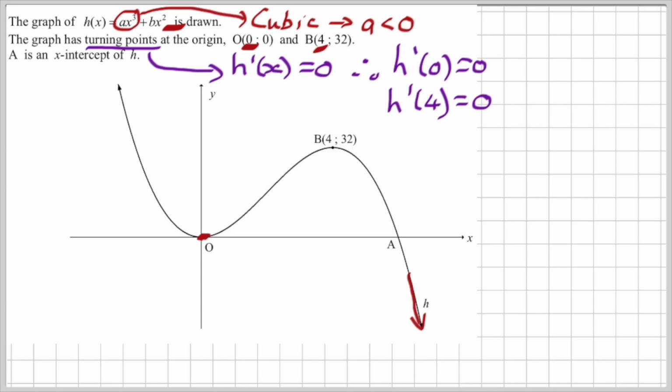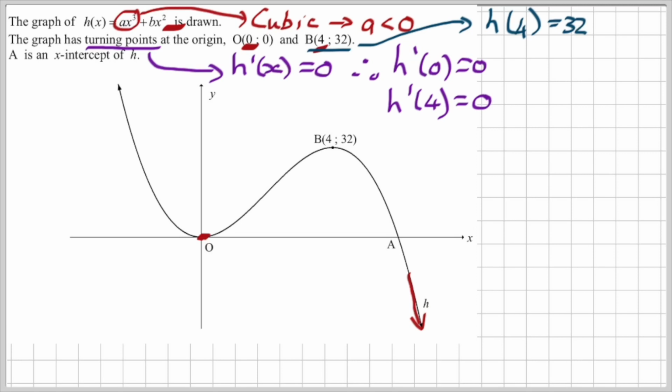But also, a very important thing is, they tell me that B lies on the graph. Therefore, if I substitute x with 4 and y with 32, I actually get another equation. I get another set of equations that I could work with.